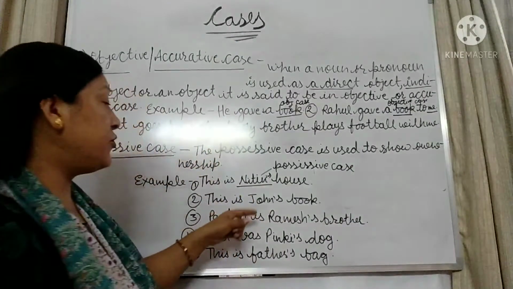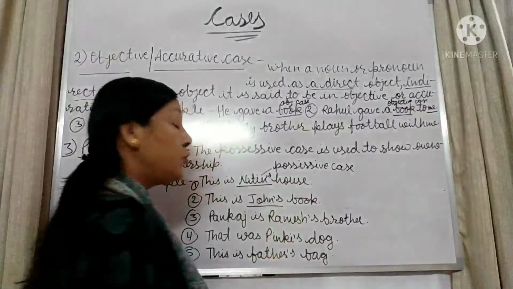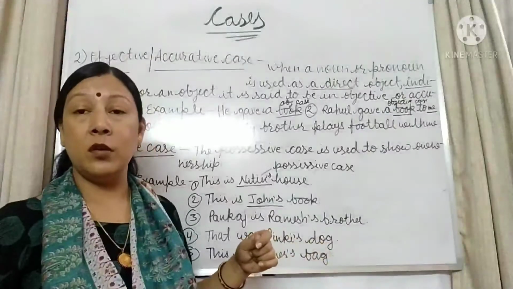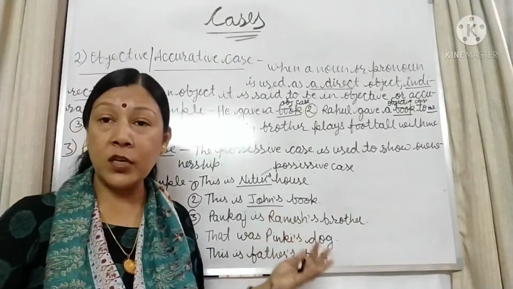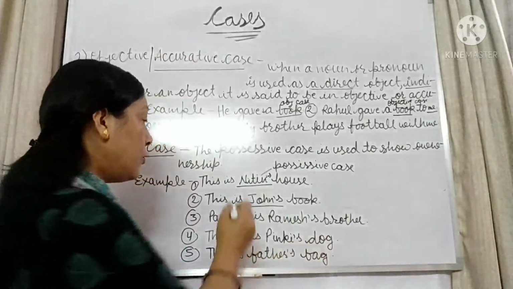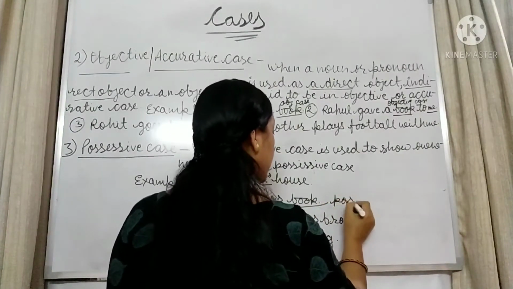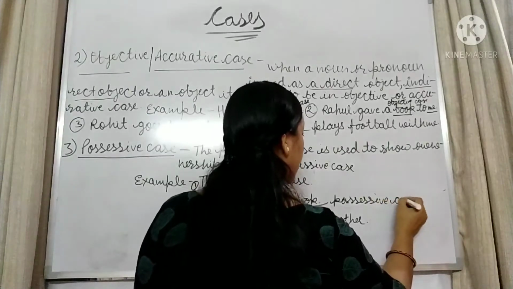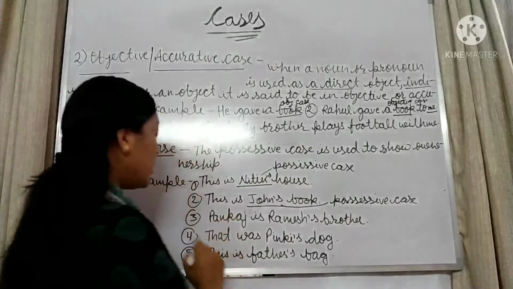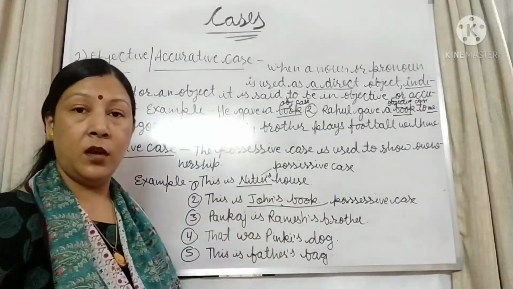Second sentence, this is John's book. John's book means John is the owner of the book. So John's is showing what? Showing the ownership, possession. So John's is possessive case here. Third sentence, Pankaj is Ramesh's brother.